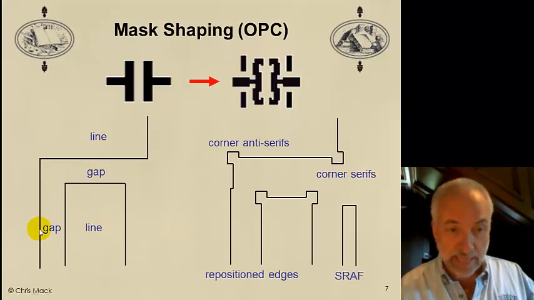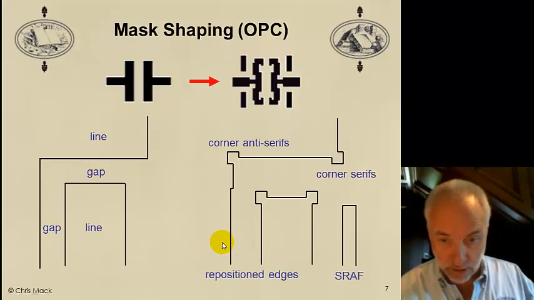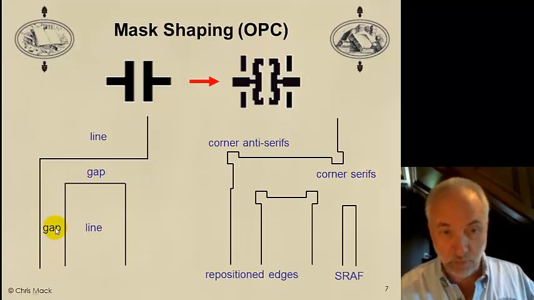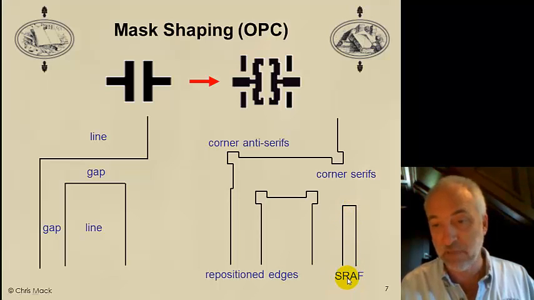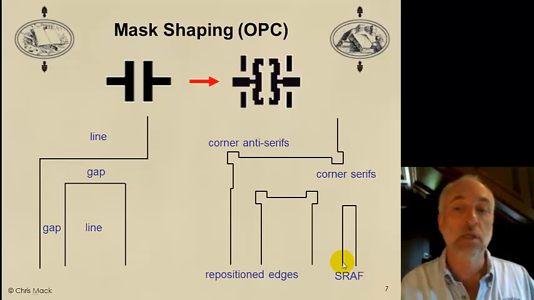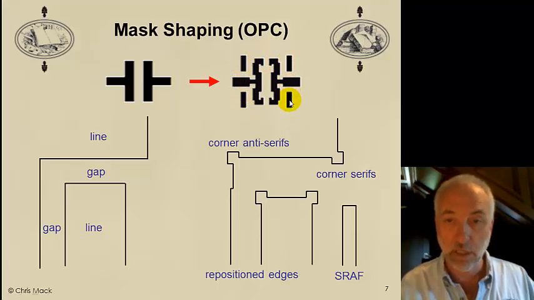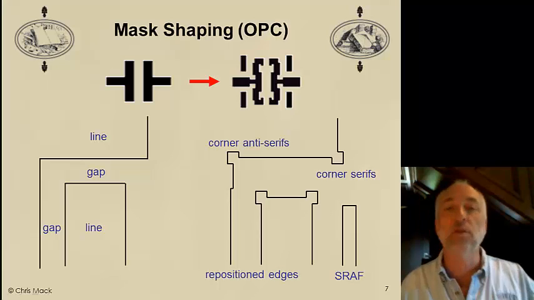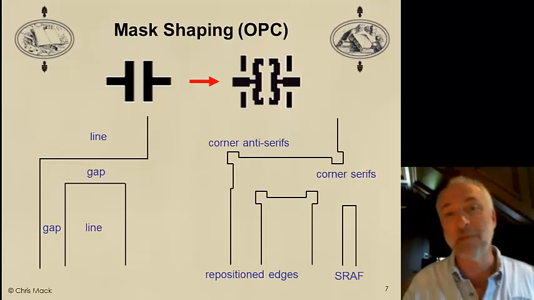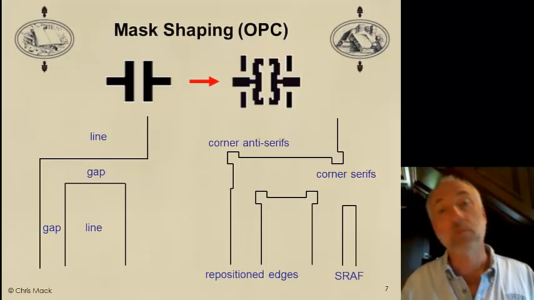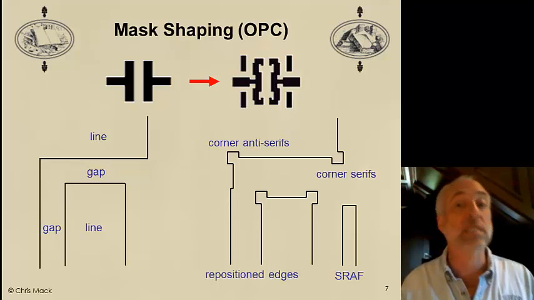But also, these gaps might not print at the right feature size, so I'll move the edges a little bit, say this edge and this edge, compared to the design, so that it prints at about the right feature size. And then finally, I might add a sub-resolution assist feature, SRAF. These SRAFs, which are also illustrated as these features here, here, here, and here, are too small to print. They're beyond the resolving capability. But their presence on the mask influences the printing of the nearby features, those features in proximity to them.